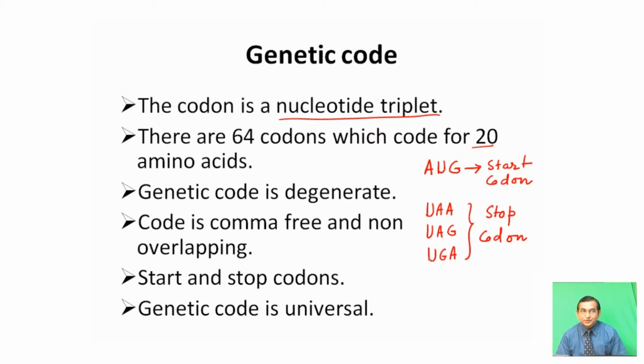Now AUG forms the start codon, while there are 3 stop codons, UAA, UAG and UGA. So there are 3 stop codons and 1 start codon.